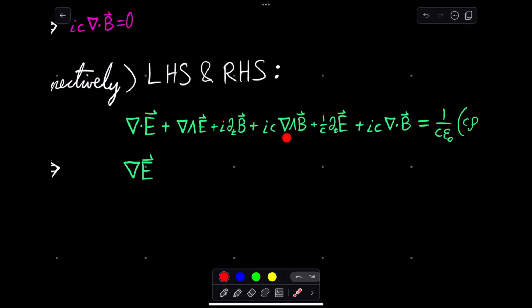Because we have the divergence of B and the wedge curl of B here, you can end up with IC gradient of B. And then you end up with 1 over c partial t E from here plus I partial t B.